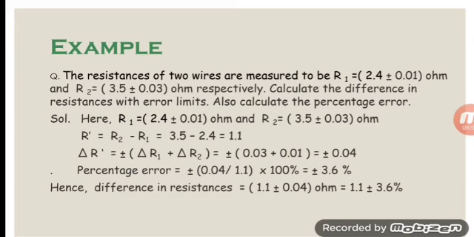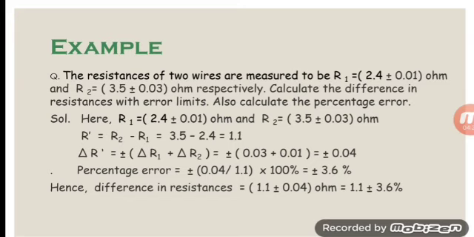Therefore the percentage error can be calculated as the total error value upon the value, into 100%. That will be equal to 0.04 by 1.1 into 100%, which is equal to plus minus 3.6%.